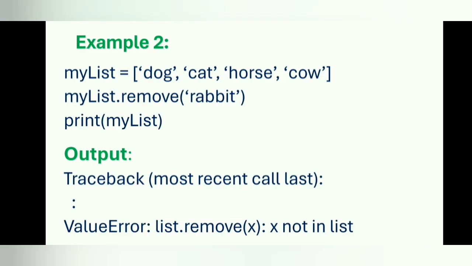In the next statement, I call the remove method with the value rabbit as an argument. myList.remove(rabbit) finds the first occurrence of the value rabbit in myList. Since the value rabbit is not in the list, Python produces a ValueError. The print statement print(myList) will display the error message. So attempting to delete a value that does not exist in the list will result in a ValueError.